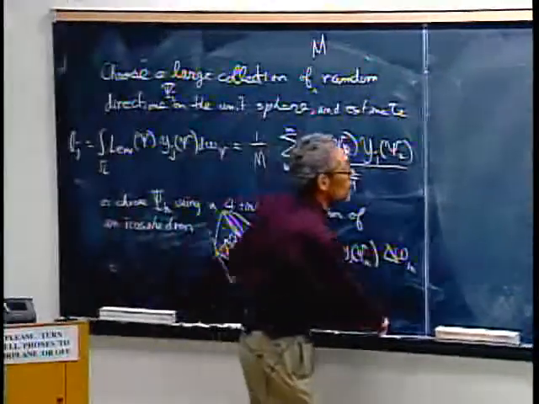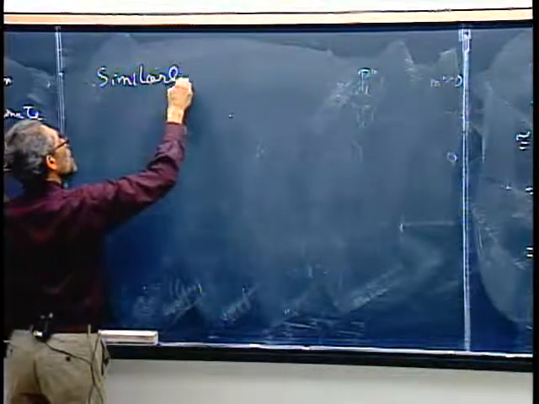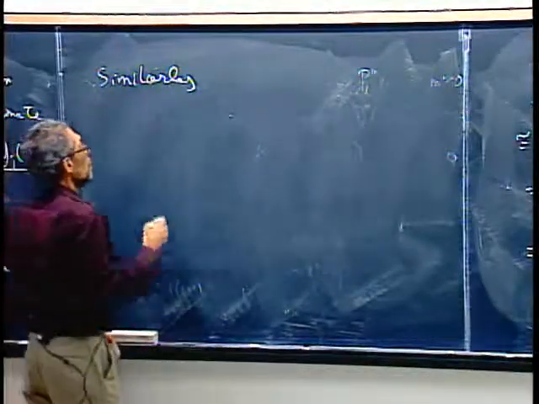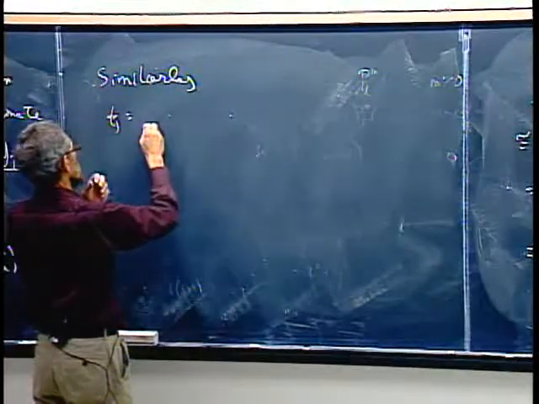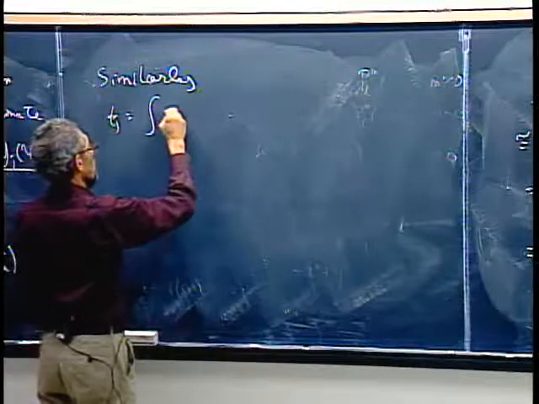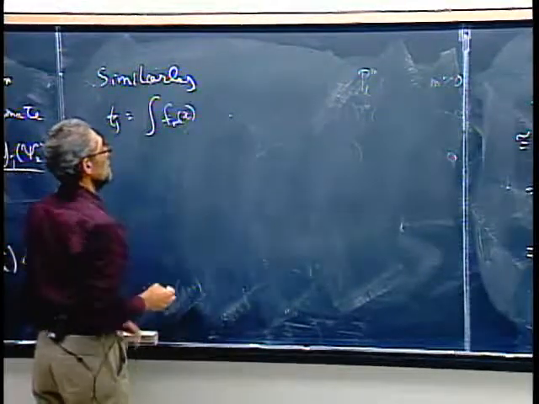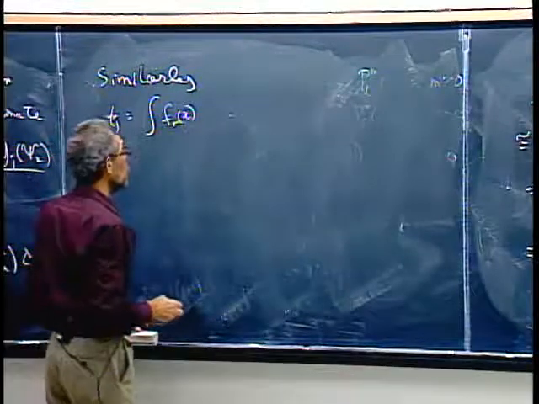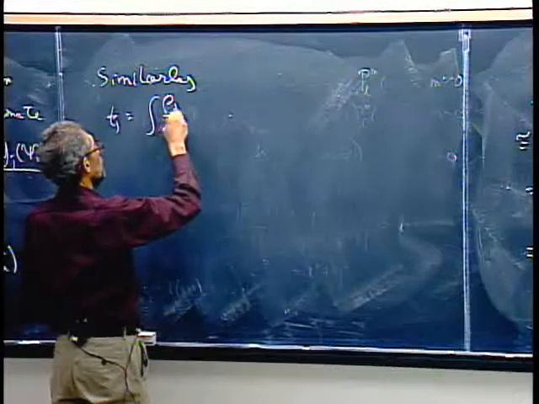And similarly, T_j is the integral, let's see if I can remember, of my factors: my bidirectional reflection function at x. If it's diffuse, this is really just rho diffuse over pi.